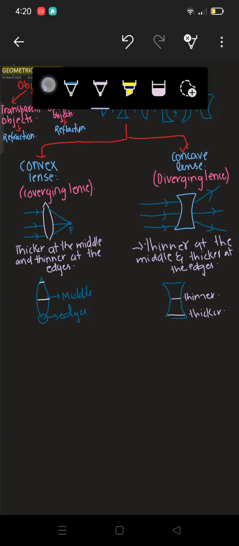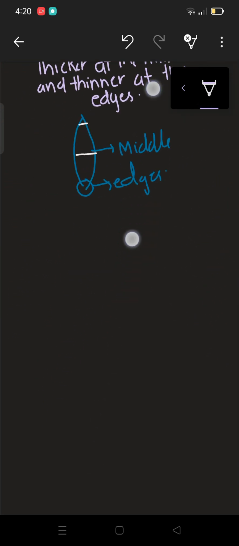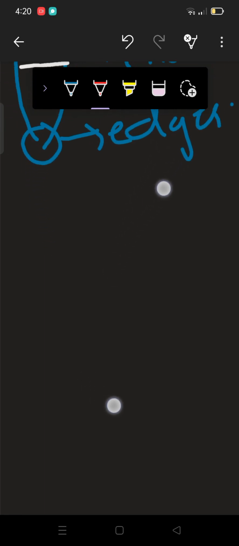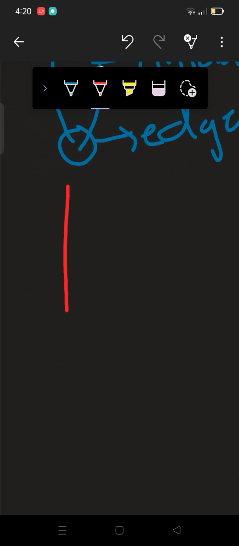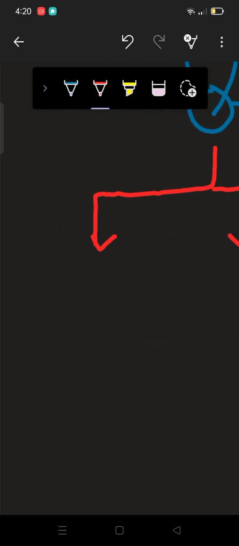Alright, so now these are subdivided into three types. The first type of the convex lens is biconvex lens.